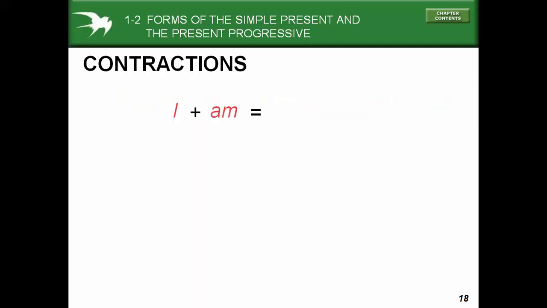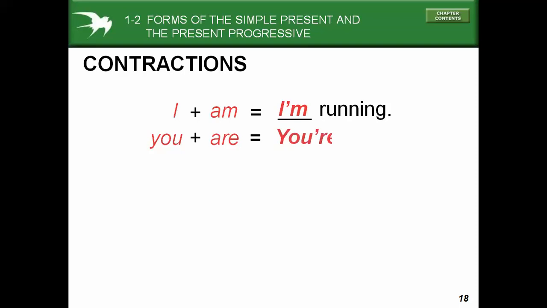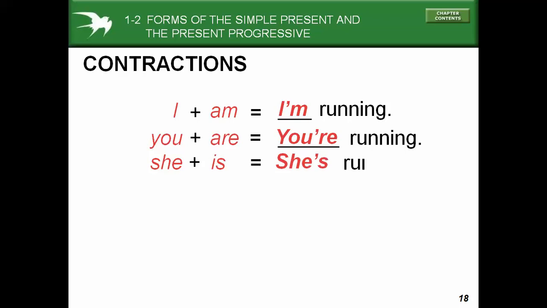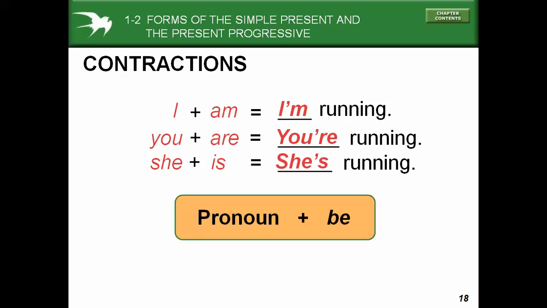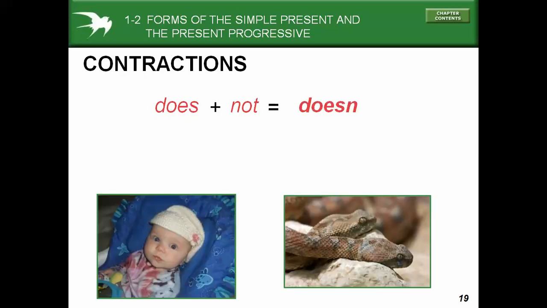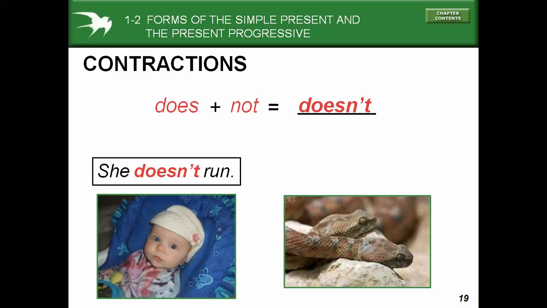These are contractions. I am, I'm running. You are, you're running. She is, she's running. Okay, these are pronouns with the verb to be. Contractions: does not, doesn't.